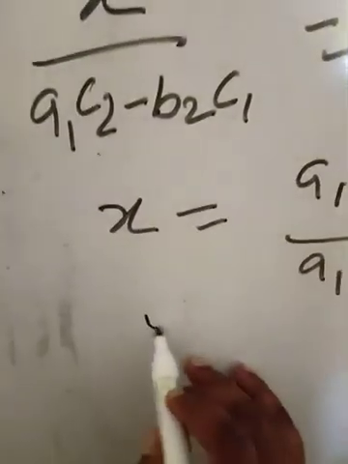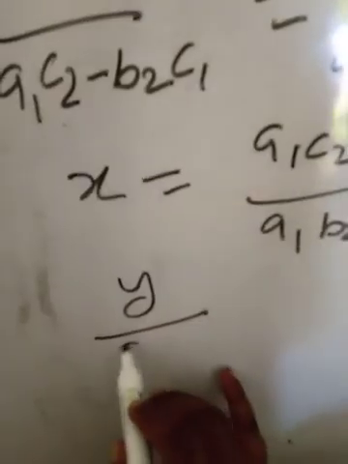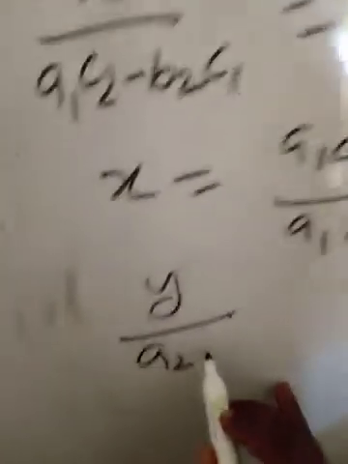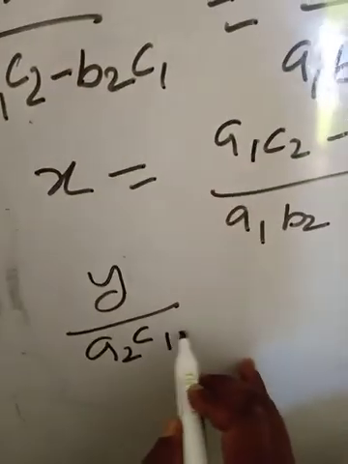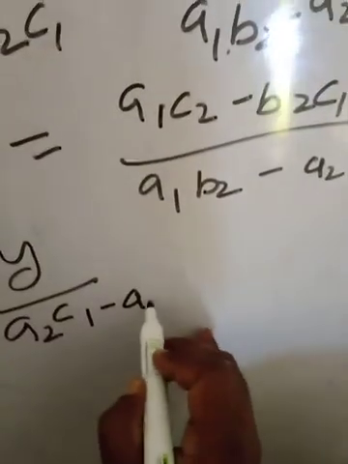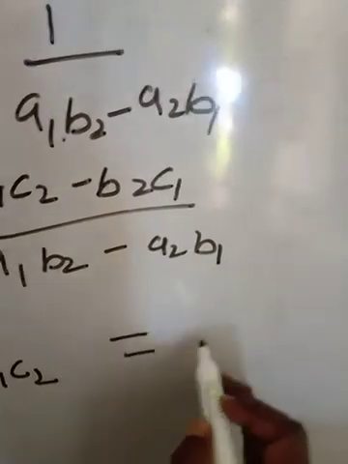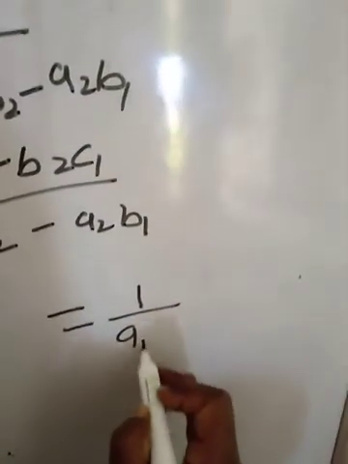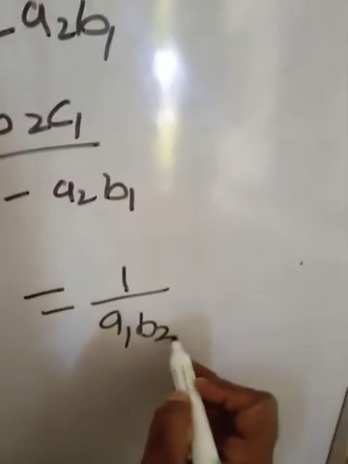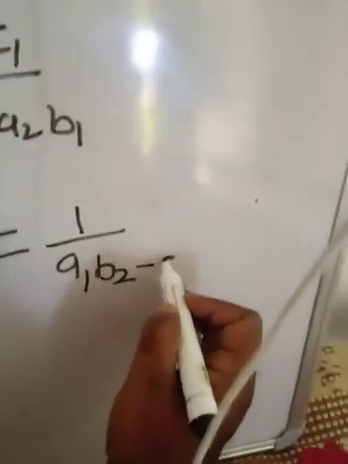So you will see y by a2 c1 minus a1 c2 is equal to 1 by a1 b2 minus a2 b1.